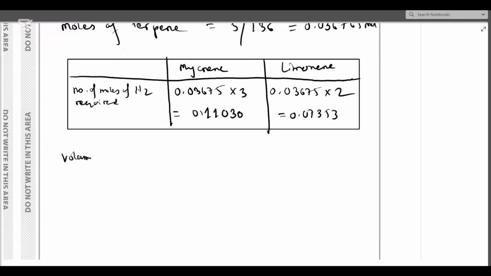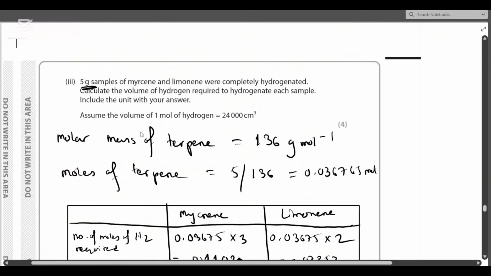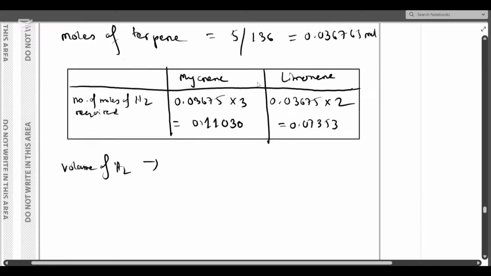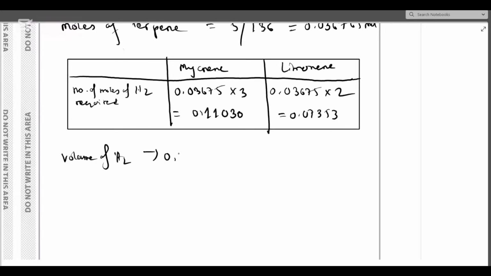Now, pretty simple. You can easily find the volume of hydrogen in each case. Since the volume of 1 mole of hydrogen is provided, which is about 24,000 cm cube, we can just multiply each of the moles with the provided value, times 24,000.